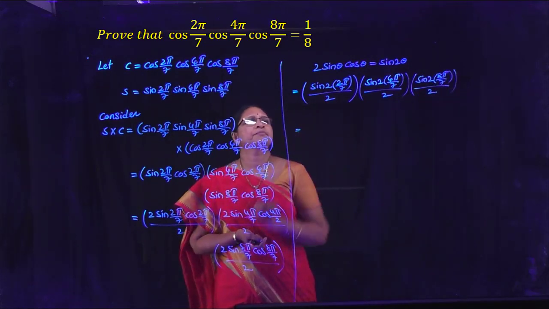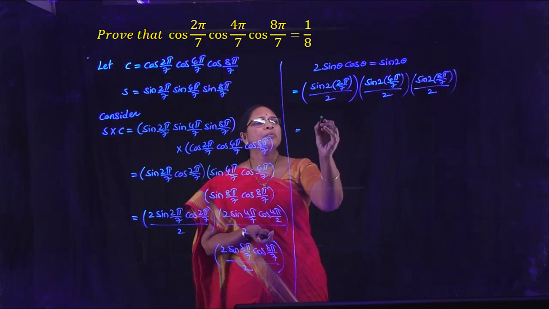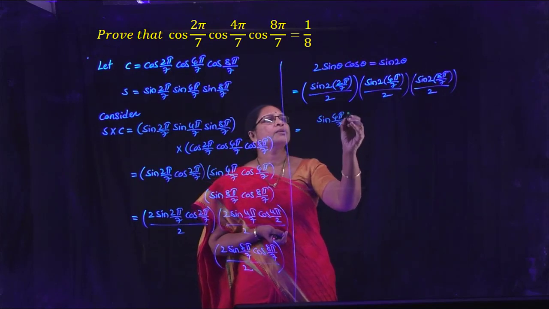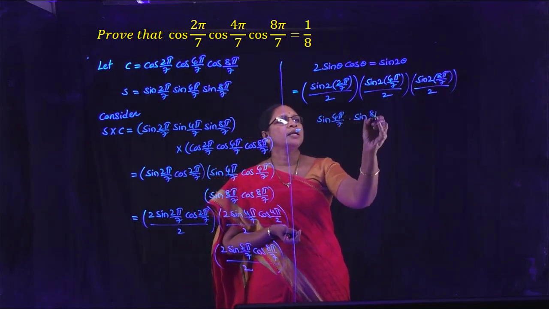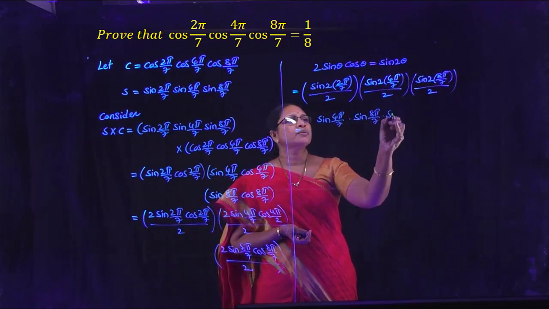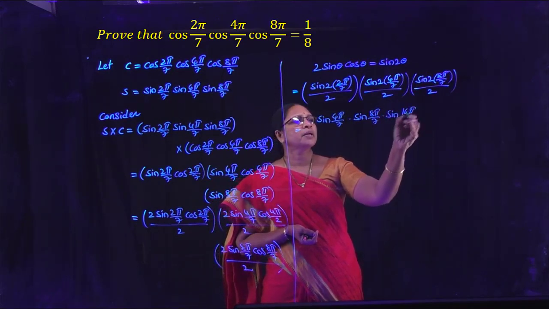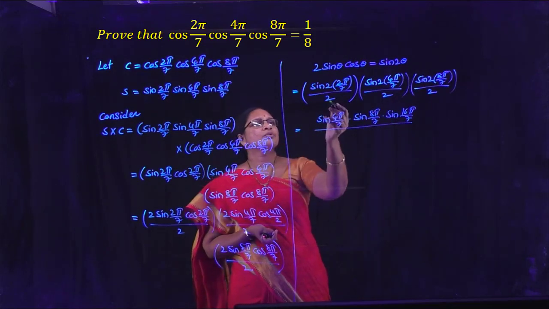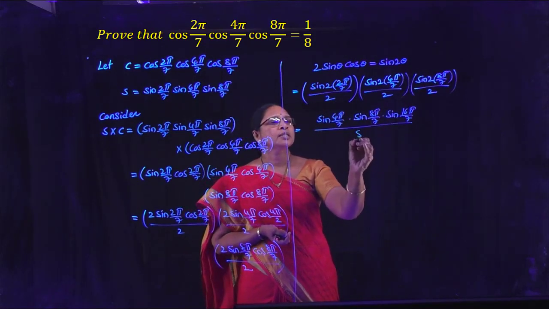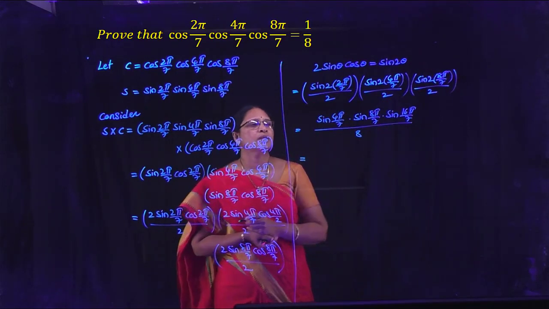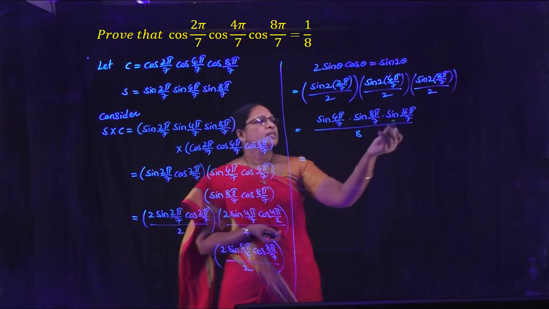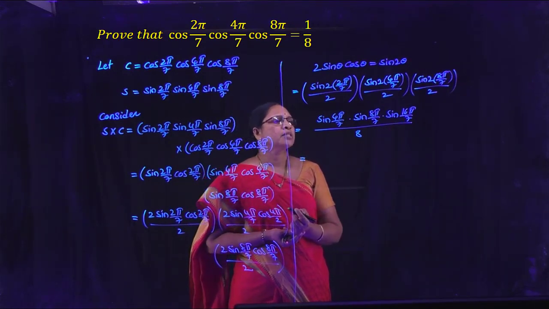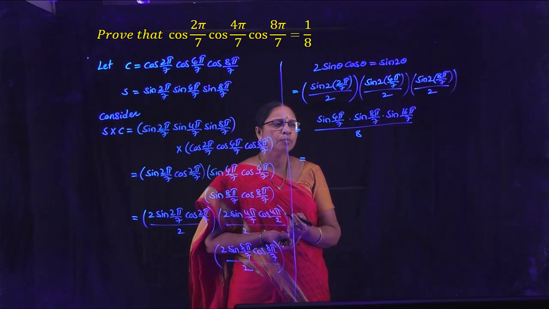That is equal to sin 2 into 2 pi by 7, which is sin 4 pi by 7, into sin 8 pi by 7, into sin 16 pi by 7, whole divided by, here the denominator is 2 into 2 into 2, that is 8. Here we convert sin 16 pi by 7 into sin 2 pi by 7.